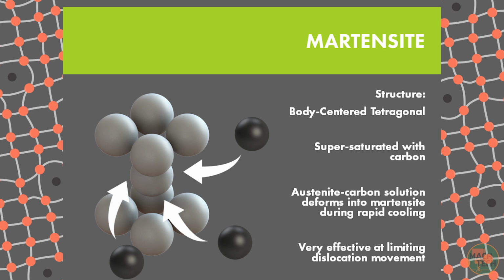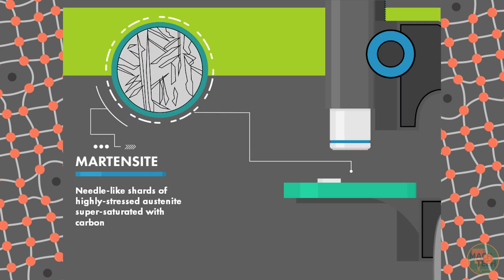The Martensite unit cell gets stretched into a body-centered tetragonal structure. If you look at it under a microscope, Martensite often appears as these needle-like shards. The important thing about Martensite is that it is exceptionally good at blocking dislocations from moving through the crystal. Therefore, steel with a lot of Martensite in it is very hard indeed. It's the stuff that makes hardened steel.